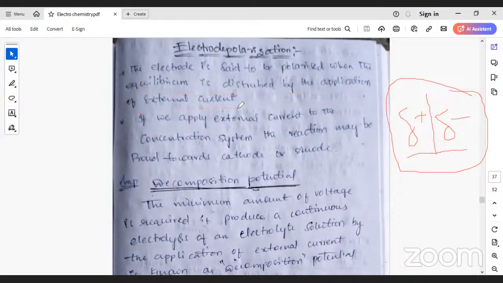That is the definition of electrode polarization. For the oxidation equilibrium with reduction plus n electrons, that equilibrium position is disturbed by the application of external current. Once it is disturbed, the reaction may be favored towards oxidation or towards reduction.